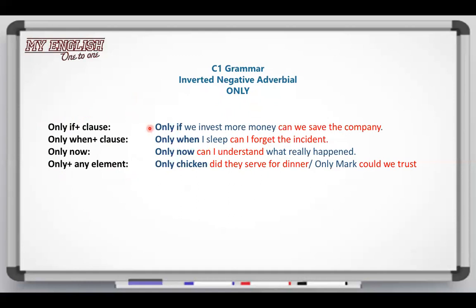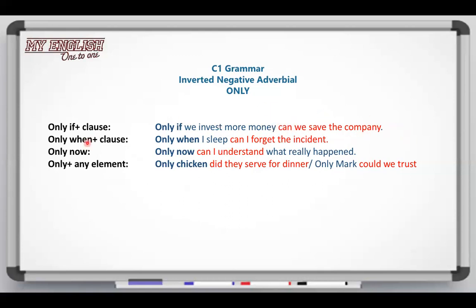So here we have the first example. Only if we invest more money can we save the company. So here we have the adverbial only if, and this is a clause. Note that the inversion doesn't happen here in the clause, but rather in the next part, the next clause.